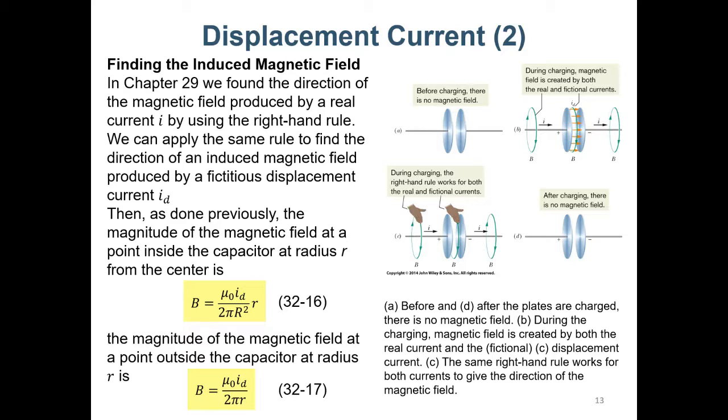Or if it is a sine wave, then it is another sine wave with a 90-degree phase shift. Because you take the derivative of sine, it becomes cosine, take the derivative of cosine, and it becomes minus sine. So 90-degree phase shift all the way.